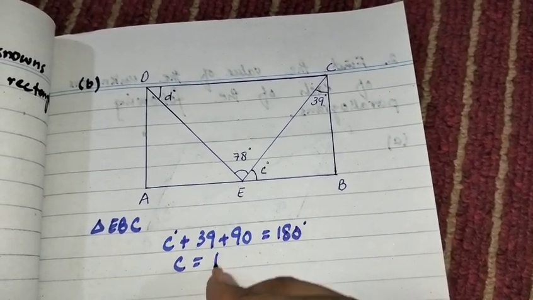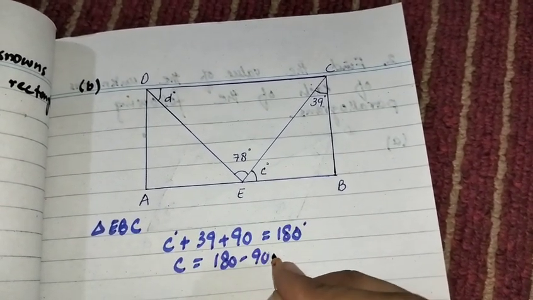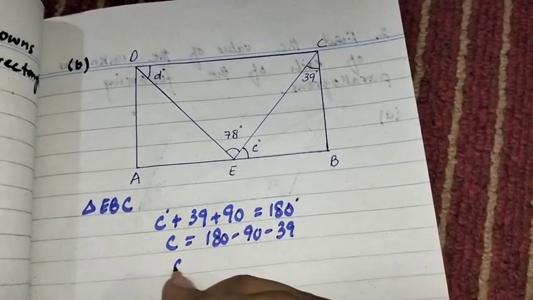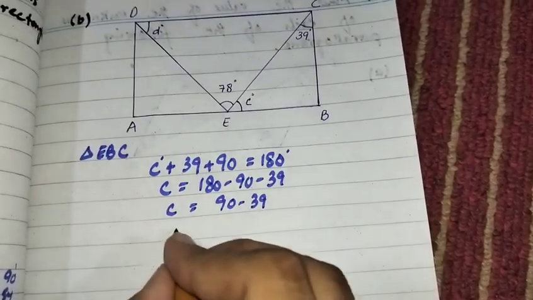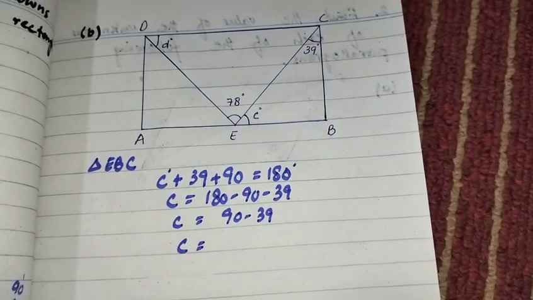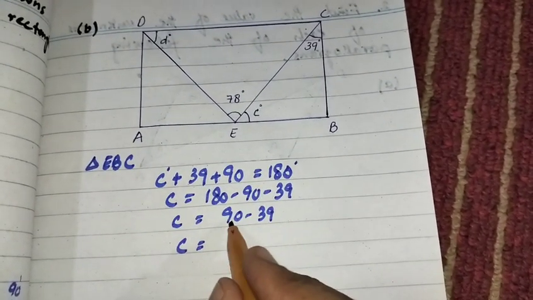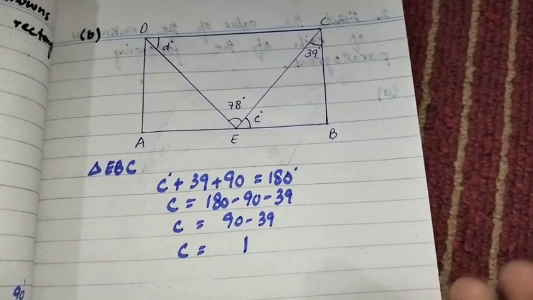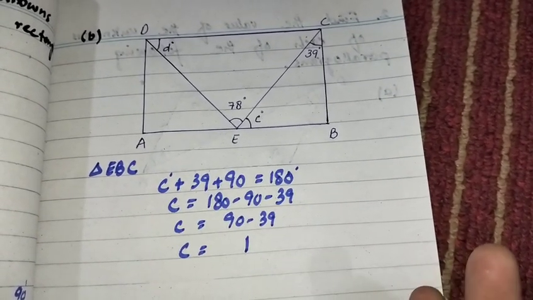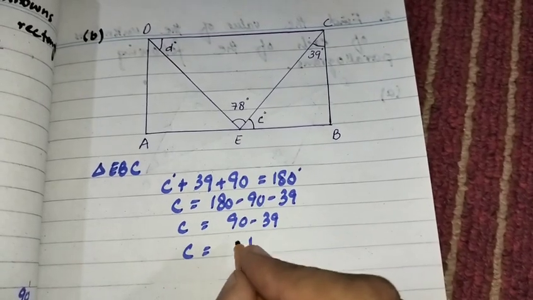So C will be equal to 180 minus 90 minus 39. So it will be 90 minus 39, and the answer will be 51 degrees.